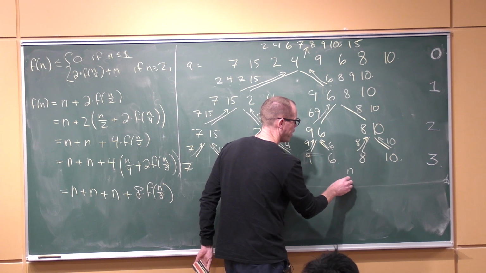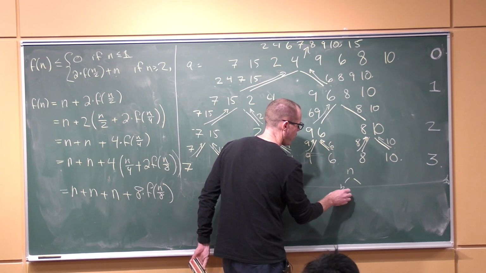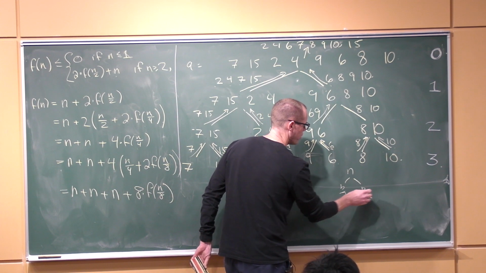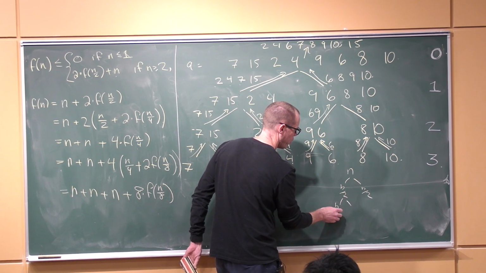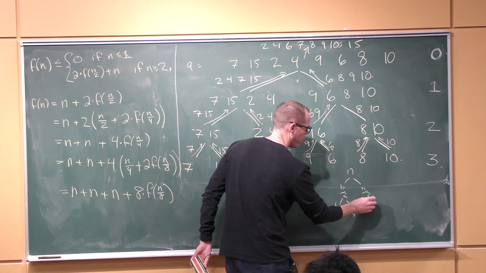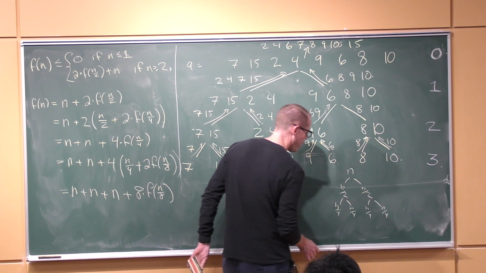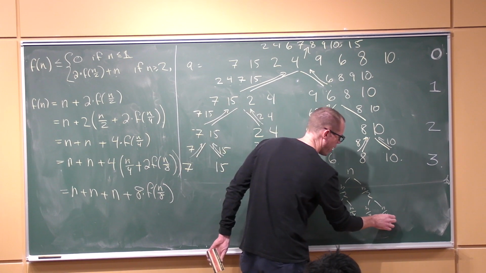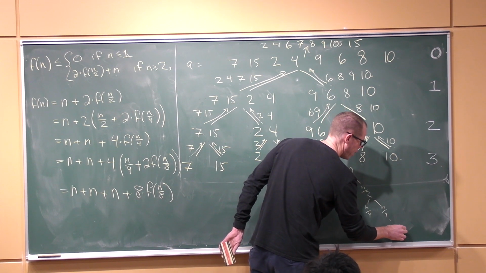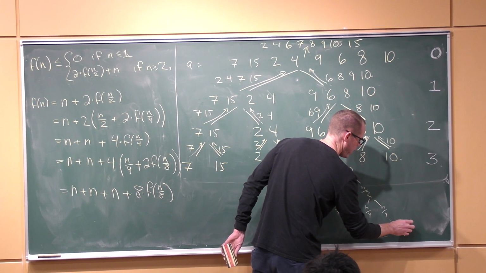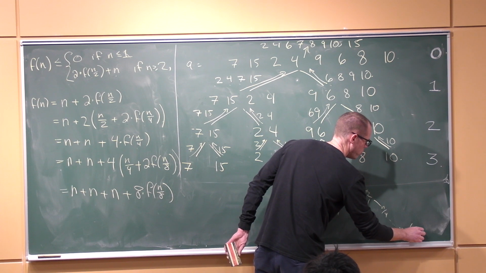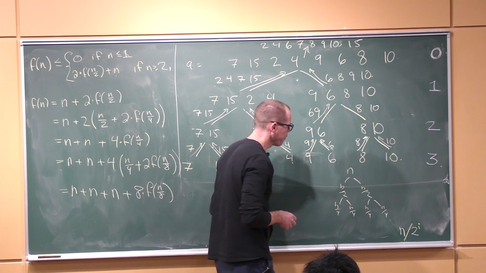We start with n, then we have n over 2 and n over 2. And then we have n over 4, n over 4, n over 4, and n over 4. And in general, if I go down, this will be n divided by 2 to the i.